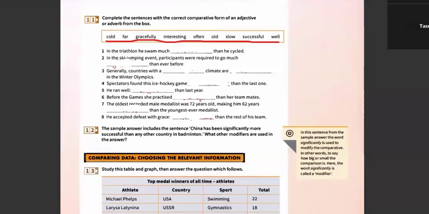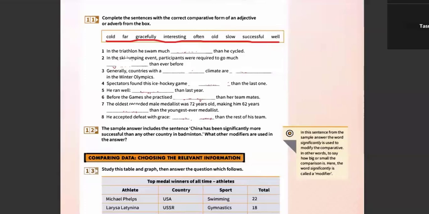In this sentence, from the sample answer, the word significantly is used to modify the comparative. In other words, to say how big or small the comparison is, here the word significantly is called a modifier.